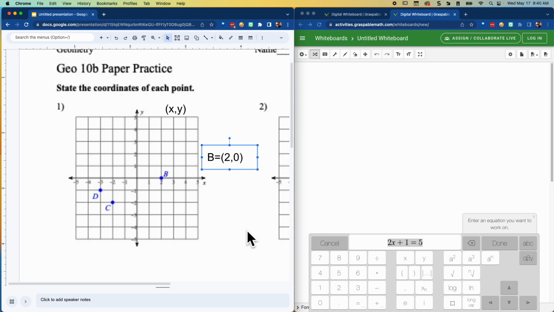Let's take this same item and duplicate it or copy and paste it so we can write the other numbers. Let's do C next. C is, if I'm going in the x direction first, at negative 2 for the x, and also negative 2 for the y.